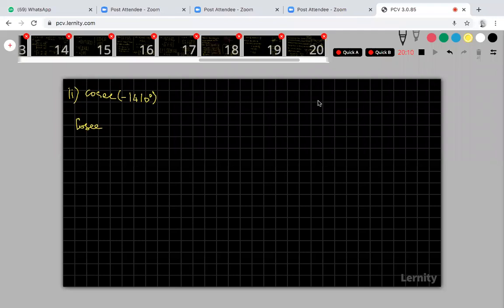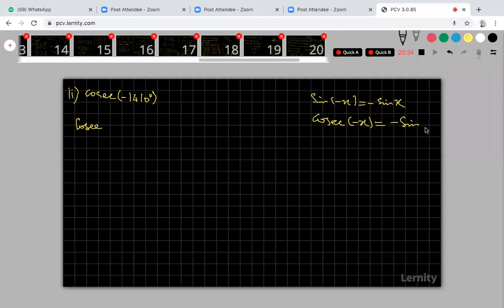Sine of minus x is minus sin x. We have already proved that. Since sine of minus x is minus sin x, cosecant of minus x is also minus cosecant x, because it is a reciprocal function only.